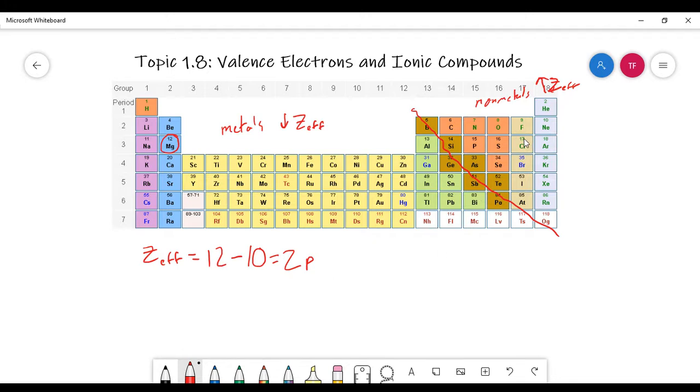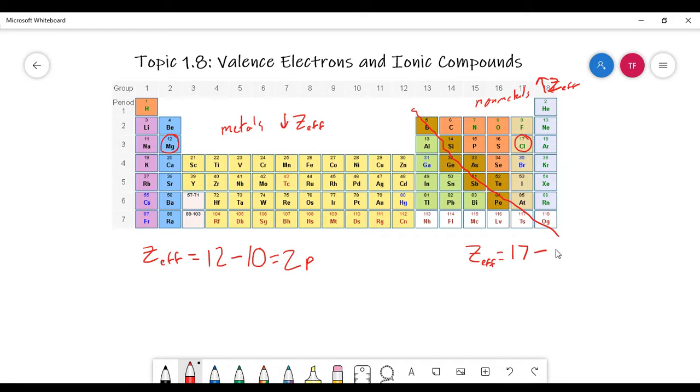If we look over here on the right-hand side, let's take chlorine for an example and calculate its effective charge. The effective charge of chlorine is the number of protons chlorine has. Chlorine has 17 total protons, and we're going to subtract how many core electrons it has. It has 17 total electrons. 7 of those, 1, 2, 3, 4, 5, 6, 7, 7 of those are valence electrons.